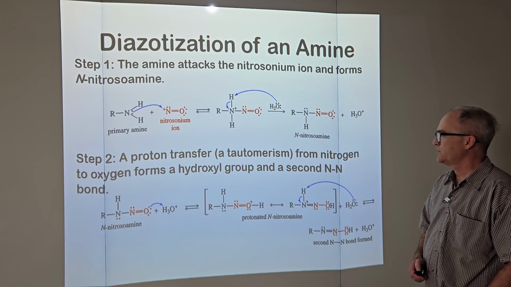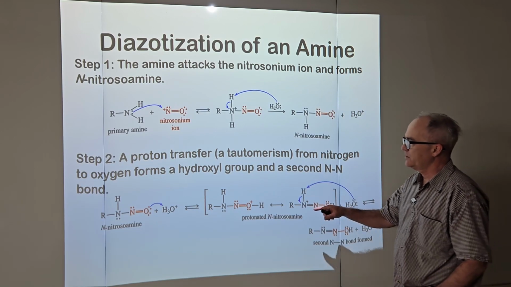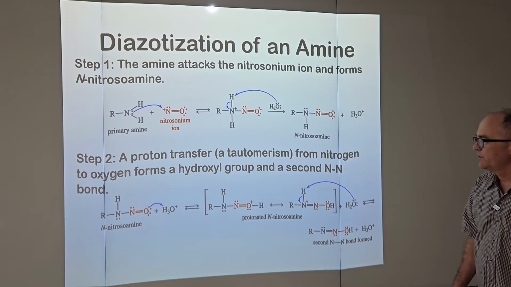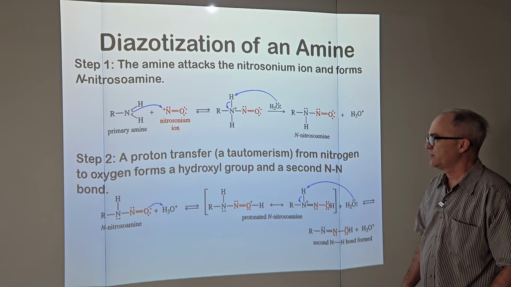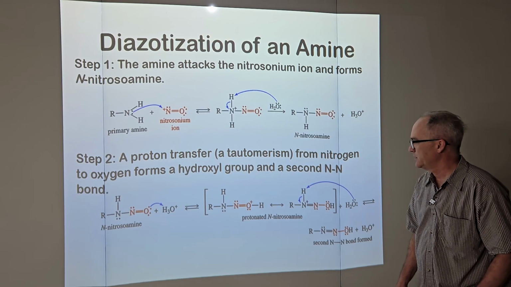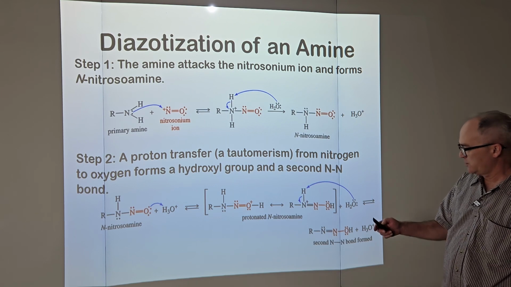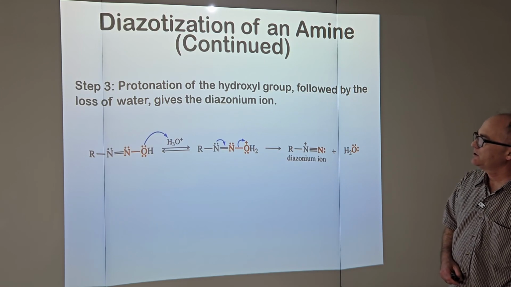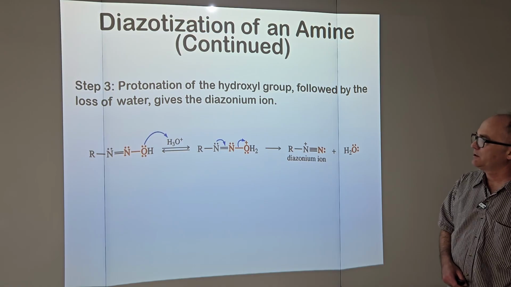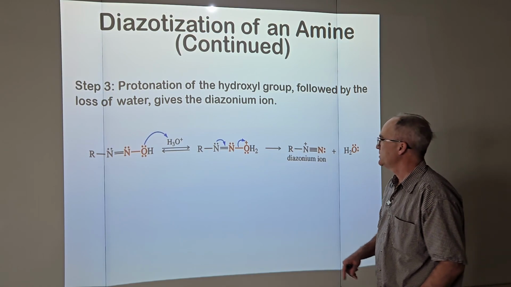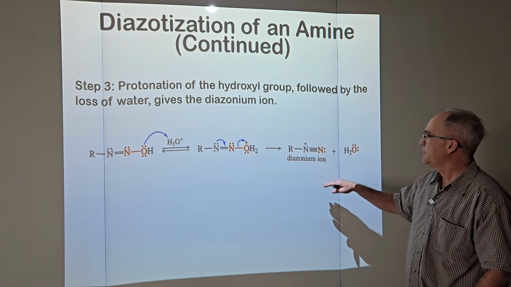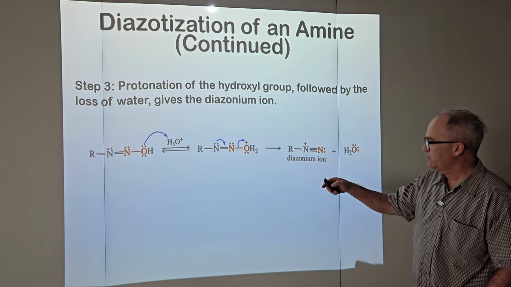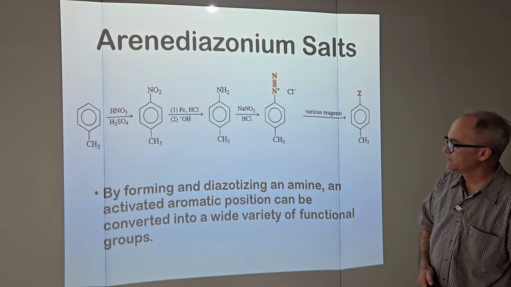A proton transfer, you've seen this word before, tautomerism, from nitrogen to oxygen, forms a hydroxyl group and a second nitrogen bond. Protonation of the hydroxy group followed by the loss of water gives the diazonium ion. And that's all we care about. We don't really care a whole lot about this mechanism.